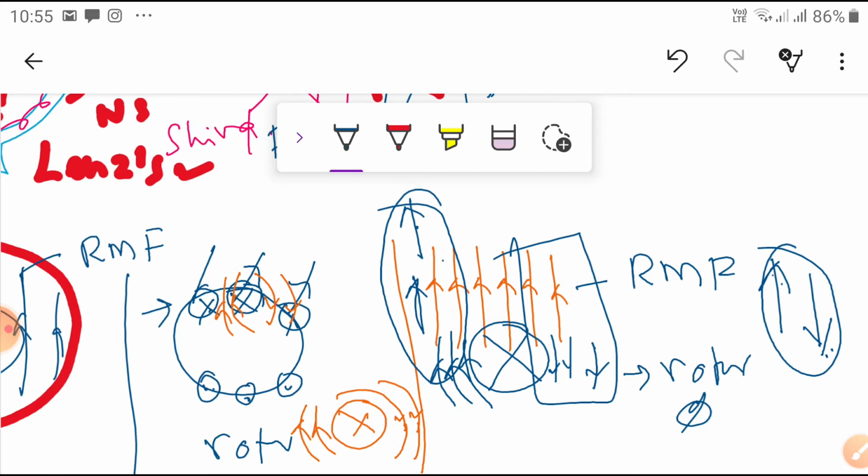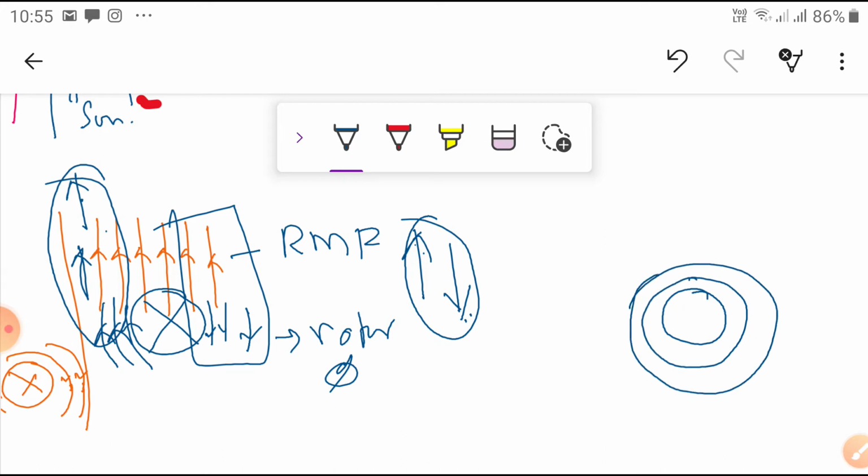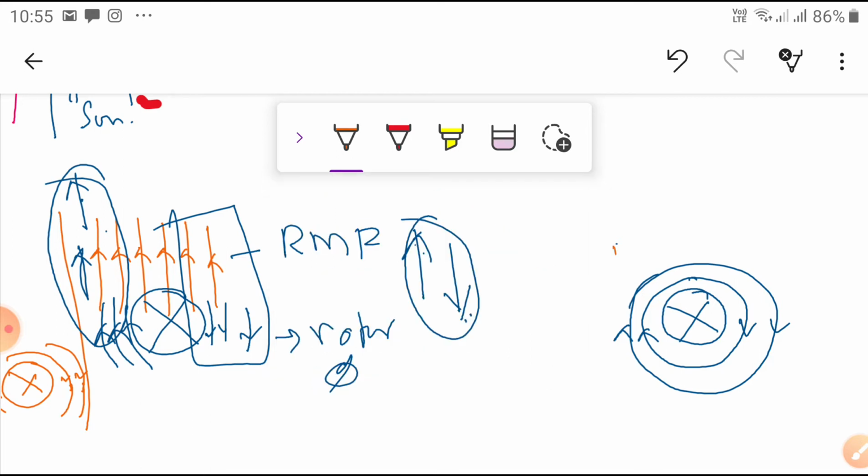Then what happens? Due to this, what about the conductor? The flux is flowing here in this direction and this direction. Then here are the conductors, and here the flux is in this direction.